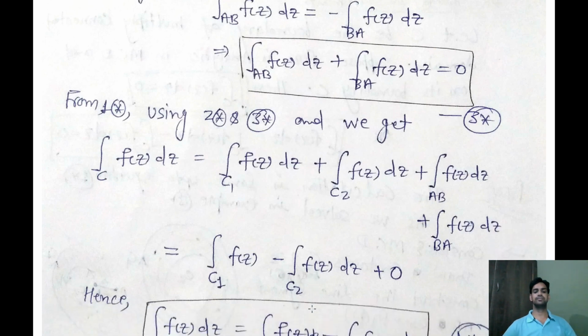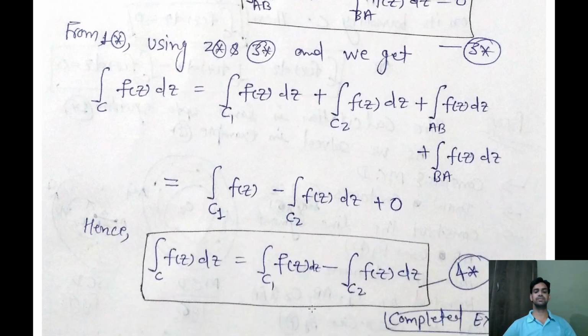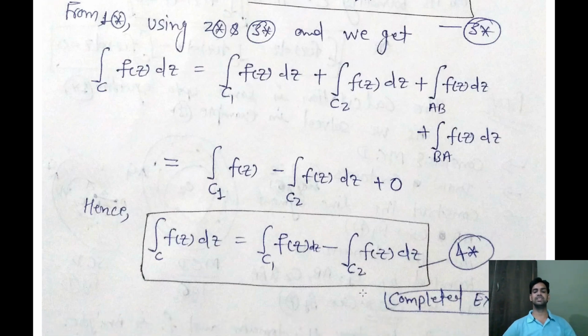So we can calculate that the integral of f(z) dz equals the integral over C1 of f(z) minus the integral of f(z) over C2. Now this is the complete lecture. In the coming lecture, I will discuss the proof of the Cauchy-Goursat theorem for multiply connected domains, and the proof of that theorem is based on this technique.